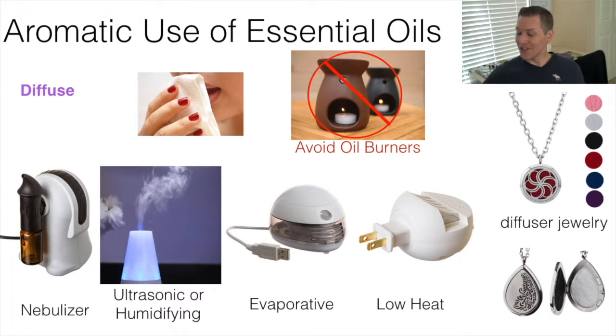Now you've got your ultrasonic or humidifying diffusers. They create a fine mist of essential oils as they blow the essential oils into the air. The way they work is they cause a small disc under the surface to vibrate at very fast rates, thereby causing this fine mist to arise and go into the air.